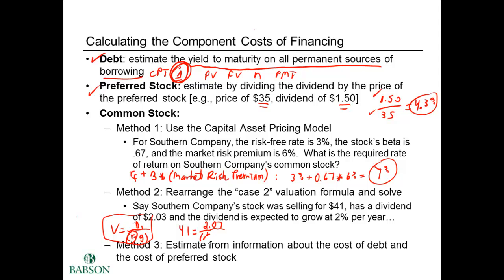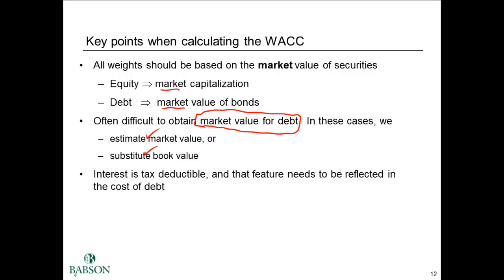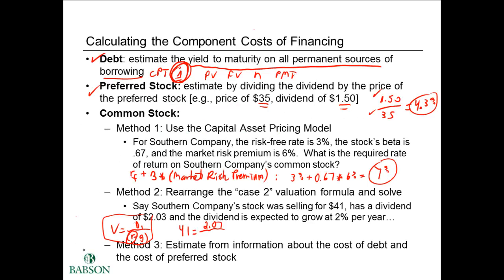We have R minus the rate of growth of 2%, and we rearrange and solve for R. $41 times R minus 0.02 equals 2.07.